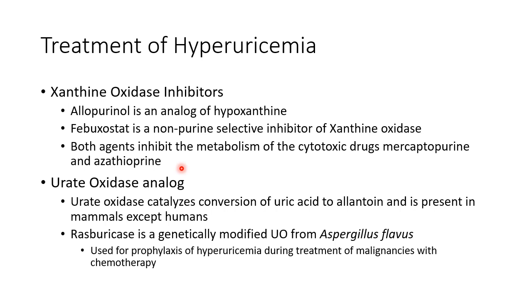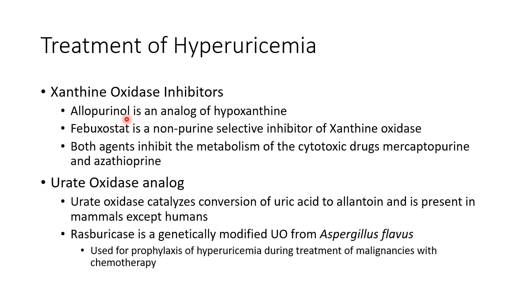So we have here treatment options for hyperuricemia. Number one is inhibition of xanthine oxidase, which again will decrease the levels of uric acid. We have two agents for that, allopurinol and febuxostat. Allopurinol looks like hypoxanthine.